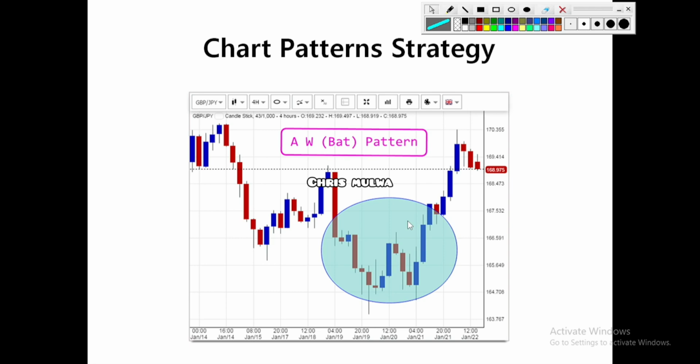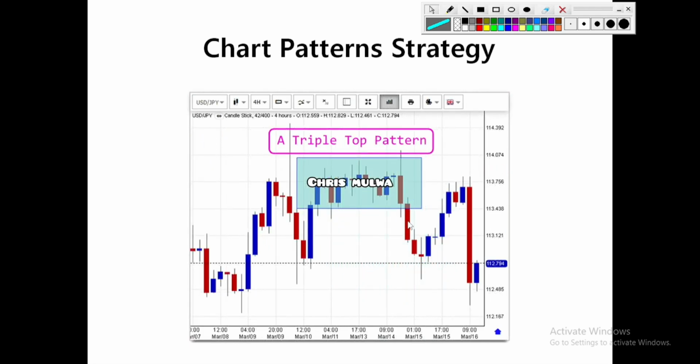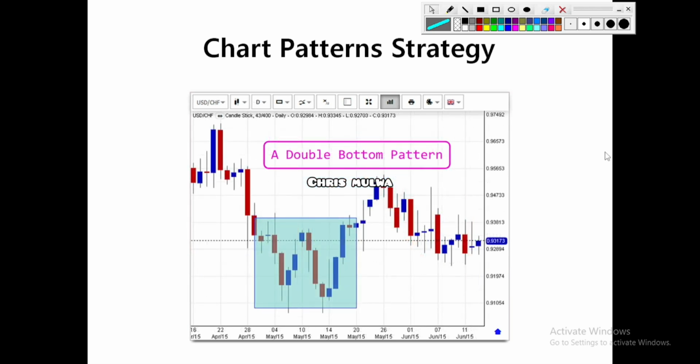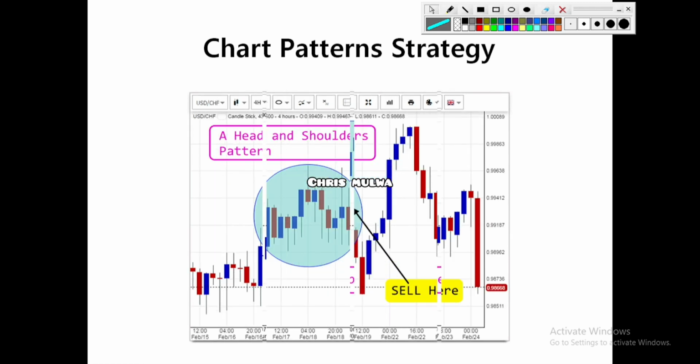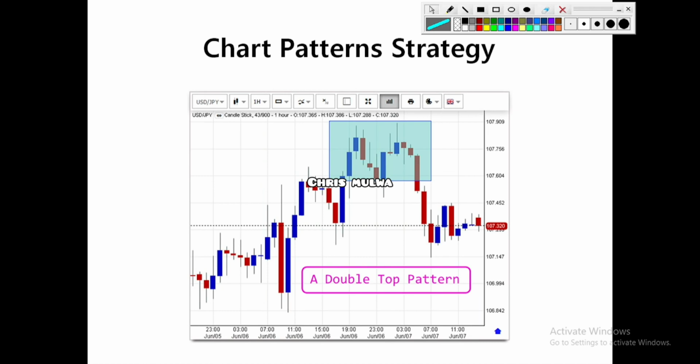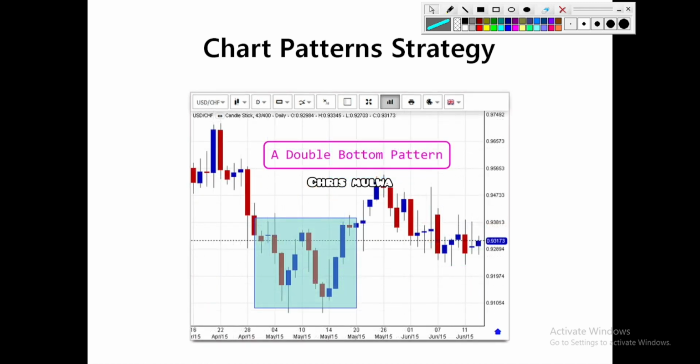The second one was the triple top pattern, the triple tops, we identified them. The third one was the double top, which was related to that one. Another one, the previous one was the double bottom, which is related to the W.